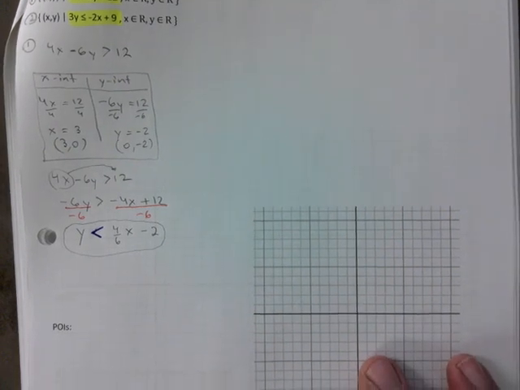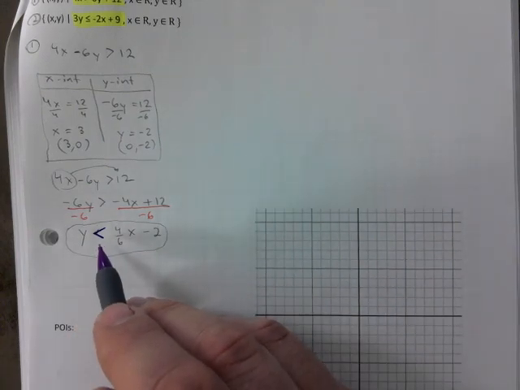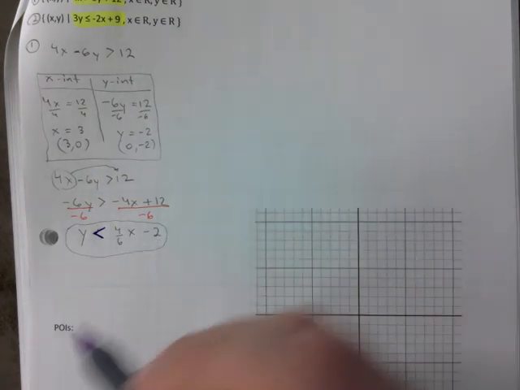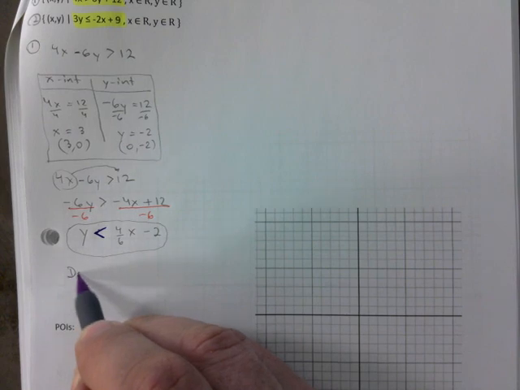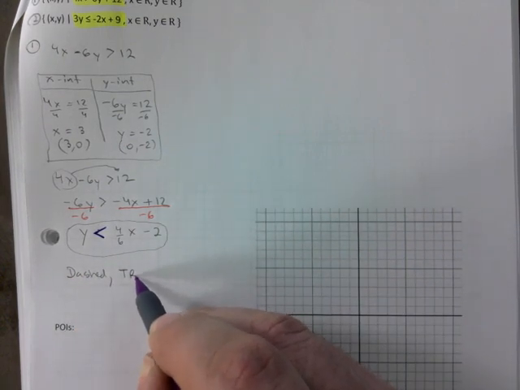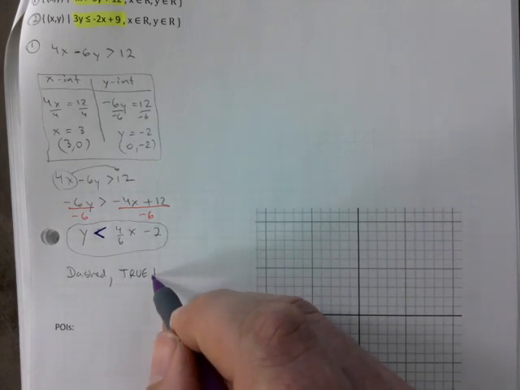But we're not done yet. The reason I rewrite is 2 reasons. You know where to shade, and you can enter this into your calculator. That's why. So this is a dashed line. True is y is less than, so true would be below.